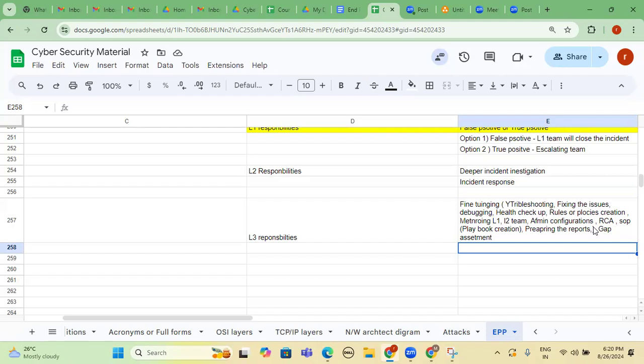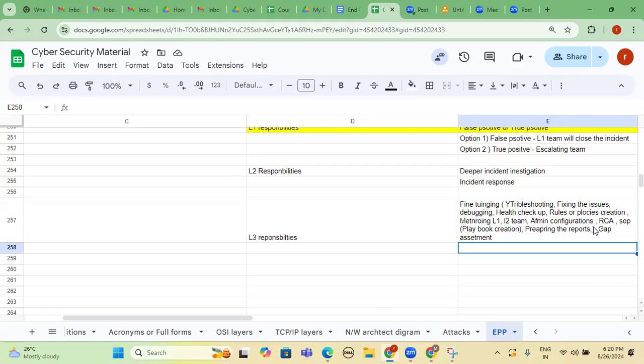Most of the people will deploy all the tools, but unfortunately, because of skill set issues or resource constraints, and because they don't have sufficient technical knowledge, whatever tool they deploy, they will not utilize sufficiently. Even if they deploy any security tool, they will use only 70-80%. The remaining 20% they will not utilize.